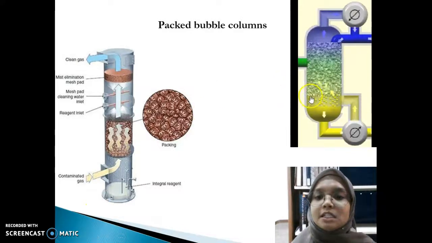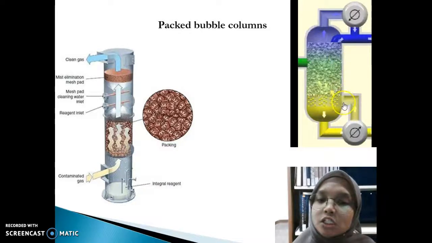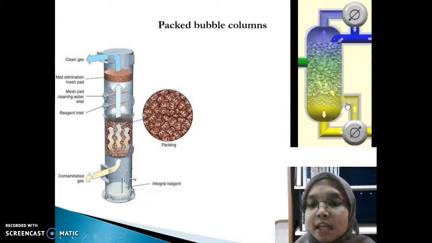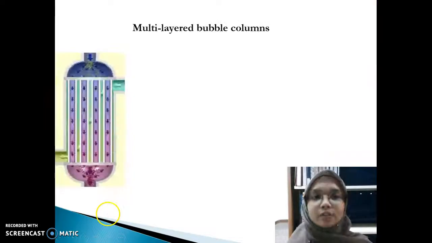As the animation shows, gases flow up through the packed bed, shown by the arrows from orange to yellow, and the scrubbing liquid flows down the bed, shown by the arrow from blue to violet. Contaminants are transferred from the gas stream to the liquid stream. The packing provides a large surface area for gas to liquid mass transfer to occur.